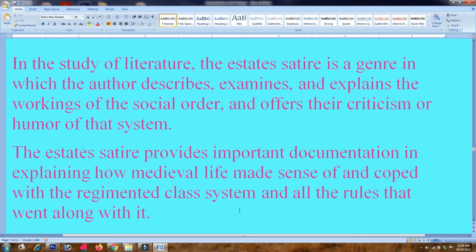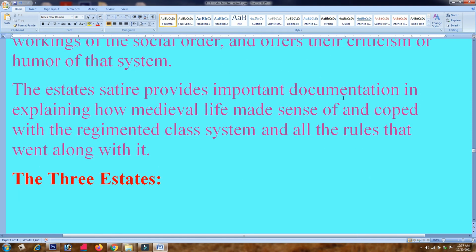The estate satire provides important documentation in explaining how medieval life made sense of and coped with the regimented class system and all the rules that went along with it.